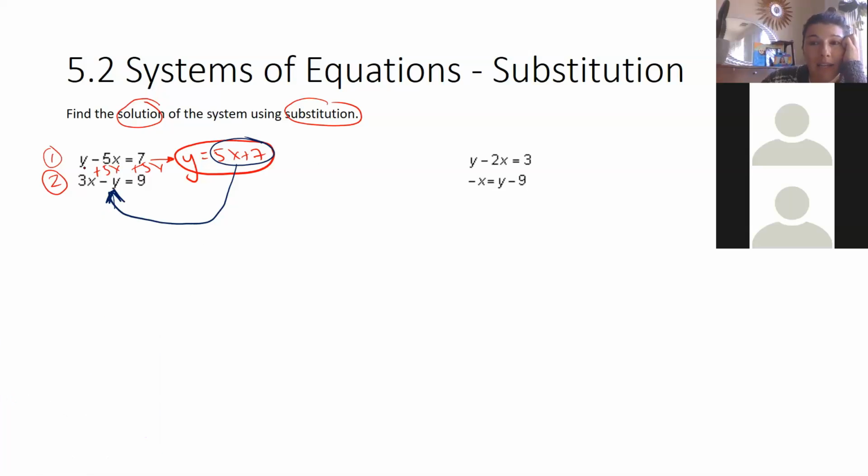We're going to leave the rest of the equation alone. So I have a 3x still. I have a minus, and I'm going to minus my y value. My y value is now 5x plus 7. What's the rest of our equation? We have equals 9.